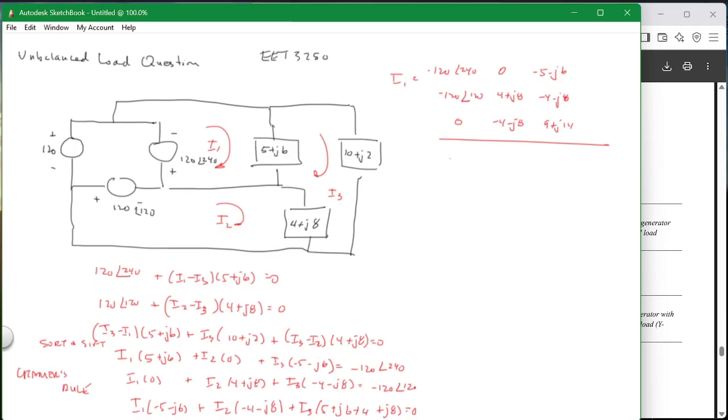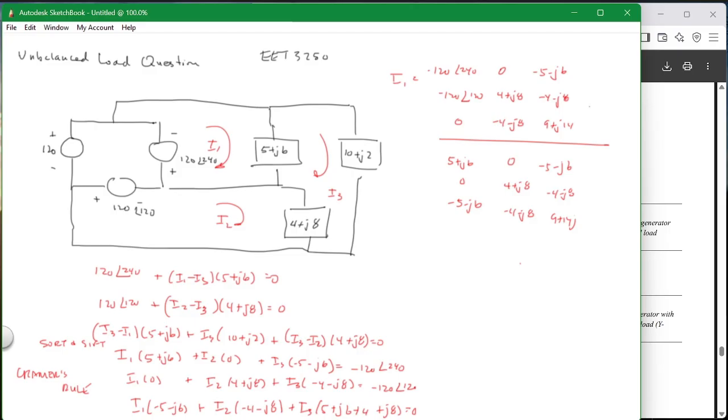So in the denominator, you do 5 plus J6, 0, and minus 5 minus J6; 0, 4 plus J8, minus 4 minus J8; minus 5 minus J6, minus 4 minus J8, 9 plus J14, okay? The J can either be in the front or the back.